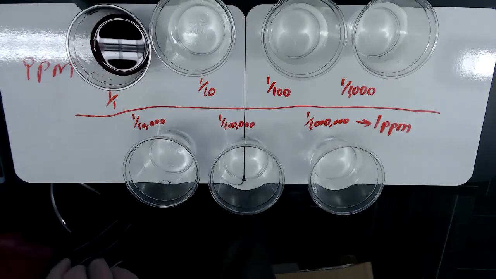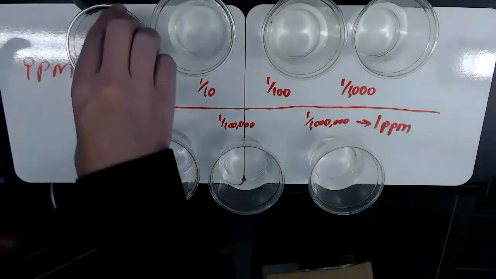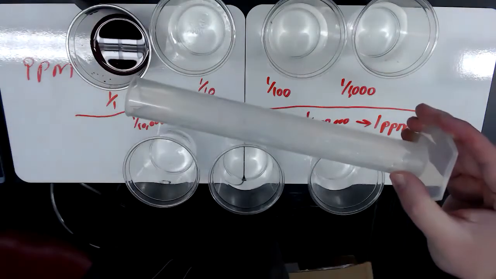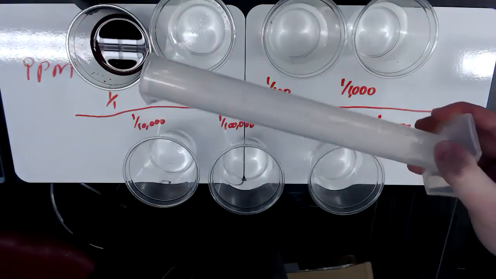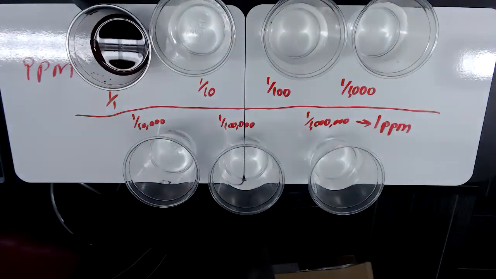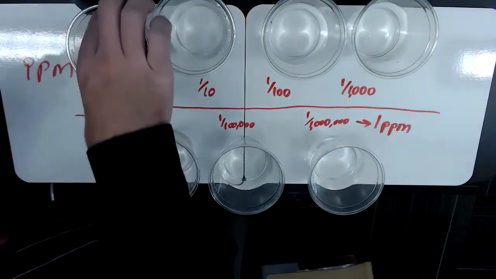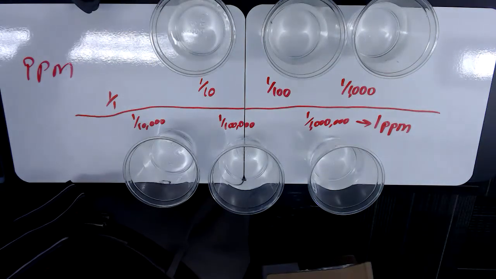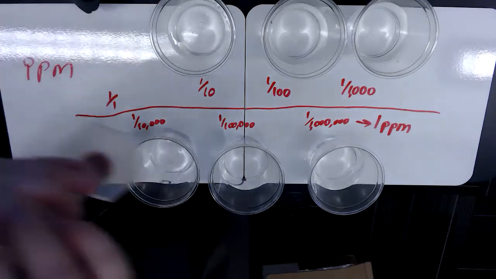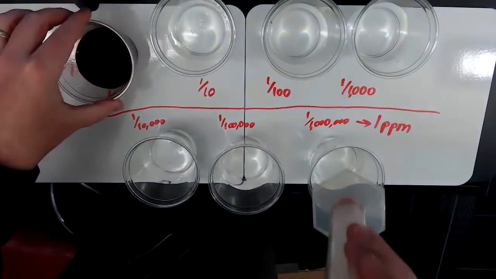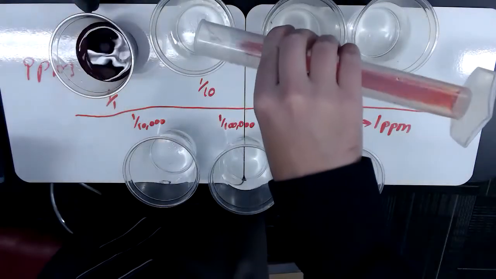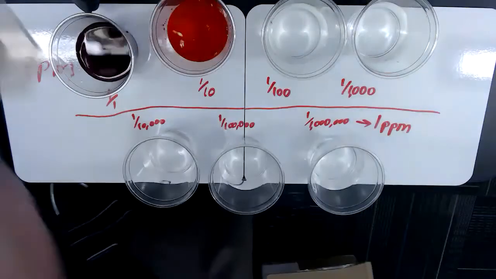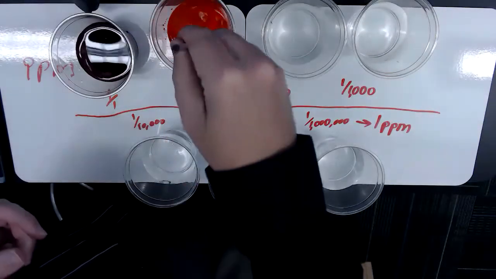Okay, so here we go. I have a graduated cylinder. I measure 10 milliliters and pour it in here, and I have a stirring rod right here that I'm going to use to stir. The hard part about this is getting this exactly right without spilling. And I have 10 milliliters. Oops, put that right there. And pour that in here and mix it up a little bit.